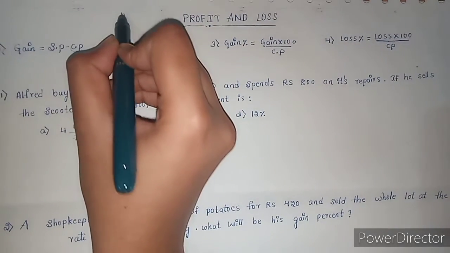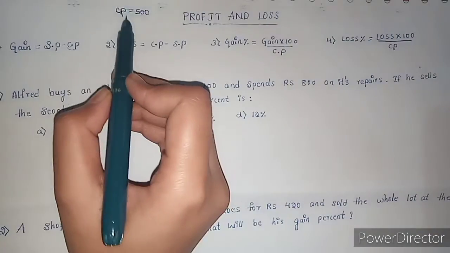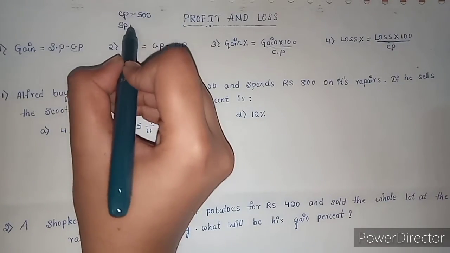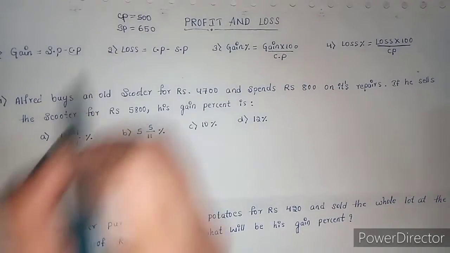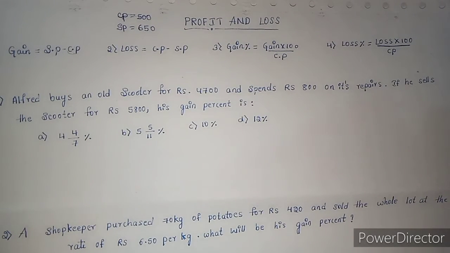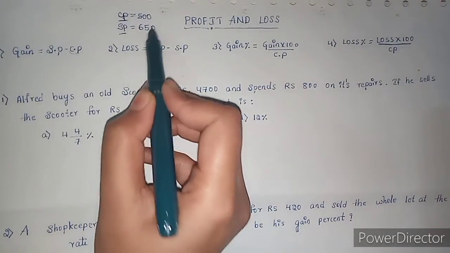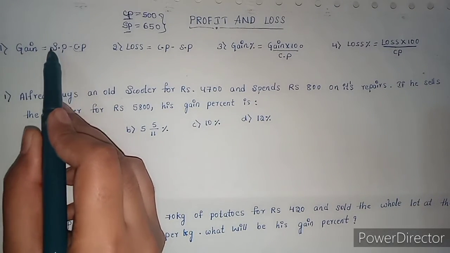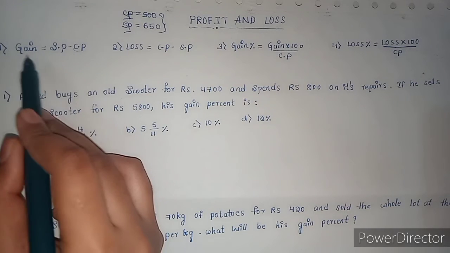Here selling price is greater than cost price. So this is gain. When selling price is greater than cost price, then it is said to be gain.